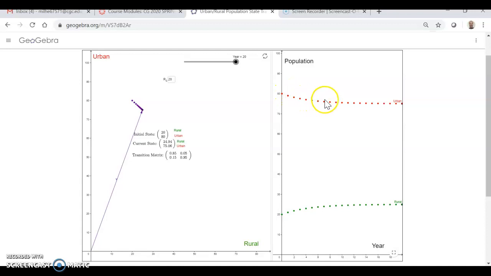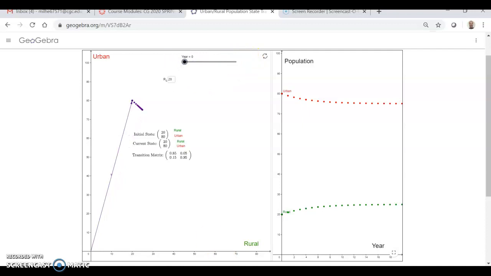The difference from one year to the next in the urban population is getting smaller, and the difference in rural population from one year to the next is getting smaller. So what we notice is this vector starts to converge on a point, pretty close to 25, 75. I've only gone 20 years here. That's as far as my slider can go. But that gives you the idea of what's happening in the long run.